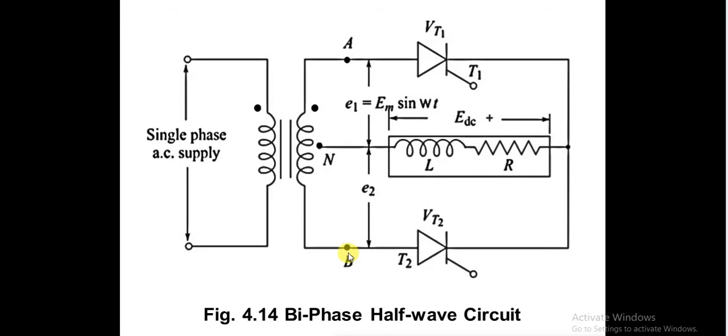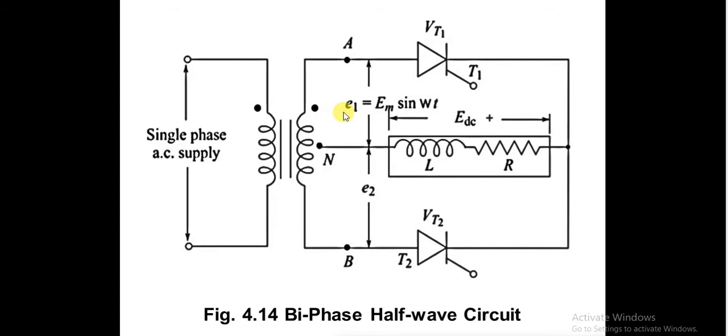At secondary terminal B, second SCR T2 is connected. The common cathode of both SCRs T1 and T2 is connected to the inductive load with respect to the center tap winding N.